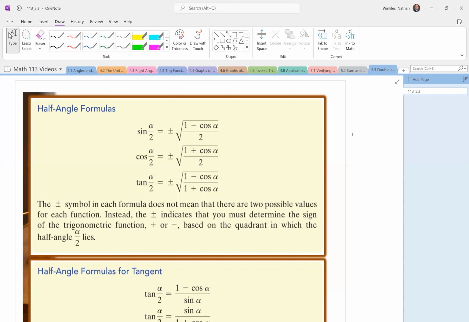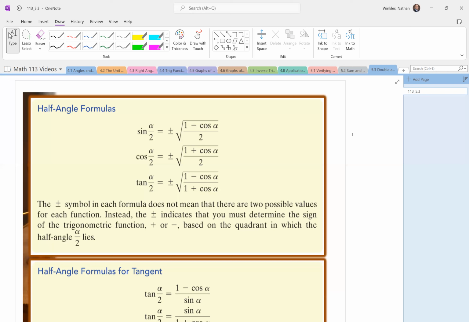So in other words, for sine of alpha over 2, we need to see what's the sine of alpha over 2, for the angle alpha over 2 in the quadrant that alpha over 2 is in. So that's where we got to kind of go back to which quadrant is positive for sine.